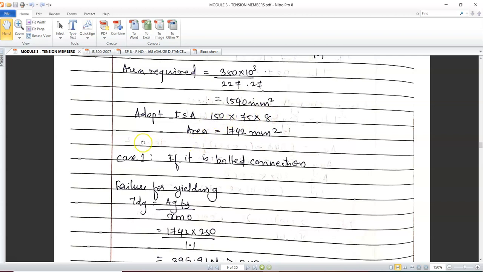That is why you have to write a line in the exam: adopt a higher section greater than 150 into 75 into 8, and redesign. You need not check all the design steps once again.